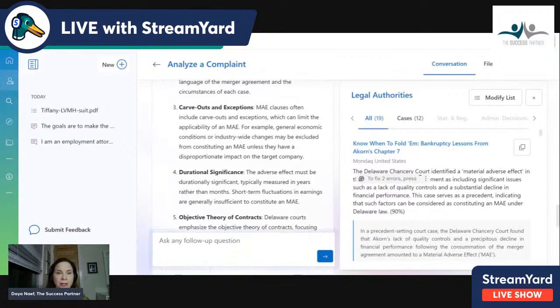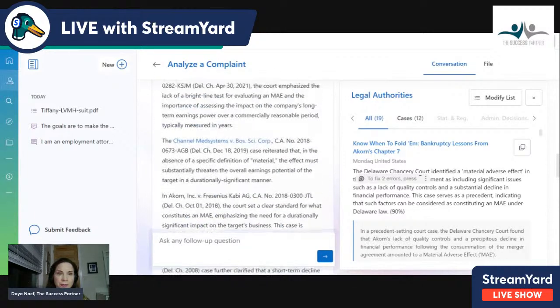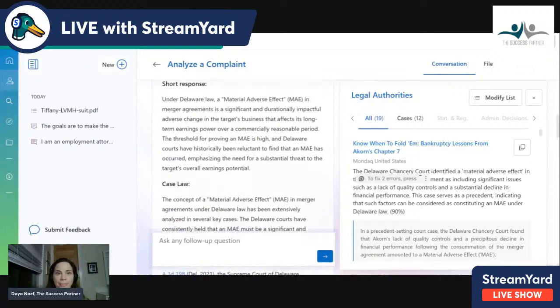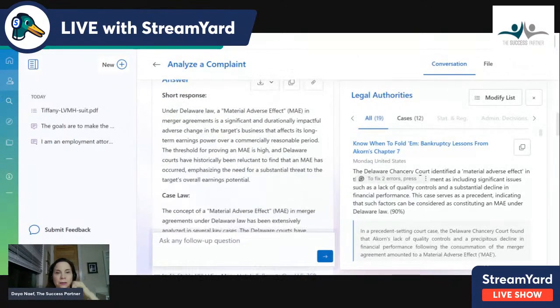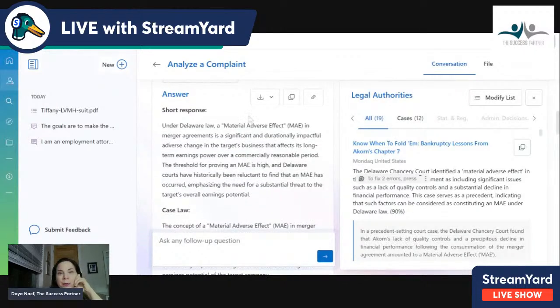All right. So AI has broken this down into separate arguments. It has case law with short response. It has here download. So I can download it as a Word or a PDF. And I think there's actually a plugin in vLex/Fastcase that automatically has a Word.